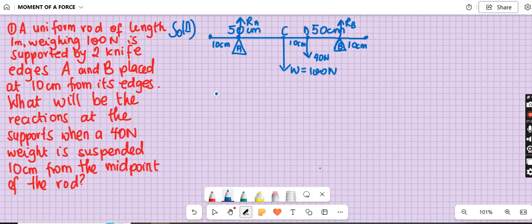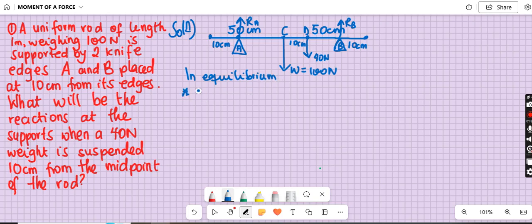Okay. And they are asking what will be the reactions at the supports. So we are looking for RA and RB. There's a clue that this thing is in equilibrium, because they say a uniform rod of length 1 meter is supported. Now, once in equilibrium, we have two conditions.